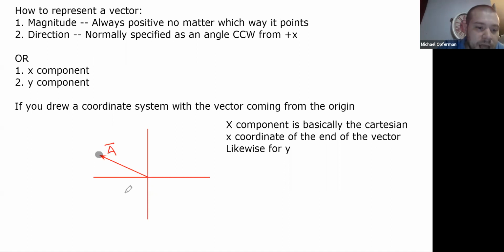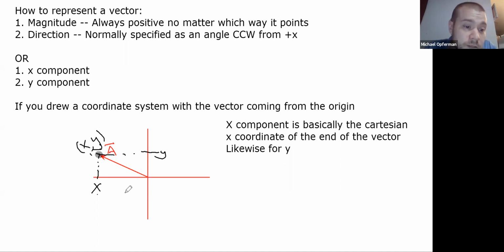That point has an x and y coordinate. If you drop down in this direction, we have the x coordinate, and if you go horizontally in this direction, we have the y coordinate. As you learned in some basic math class, this point has an x and y coordinate. If the vector is starting from the origin, that x and y coordinate is the same as the x and y component of the vector.